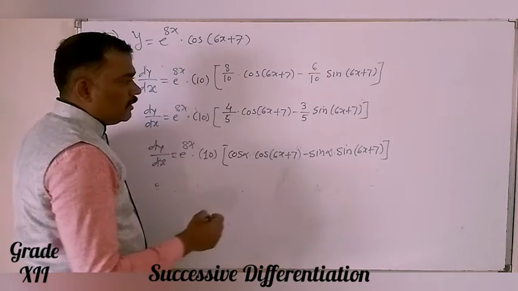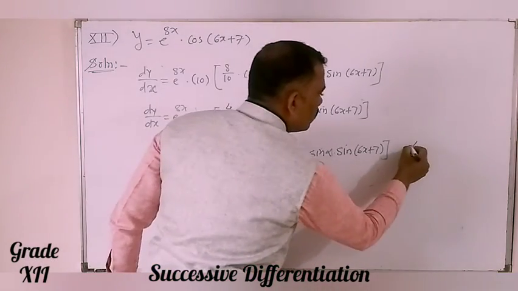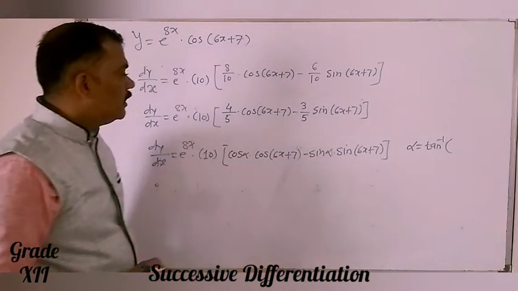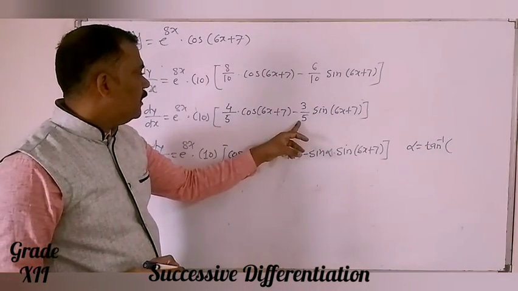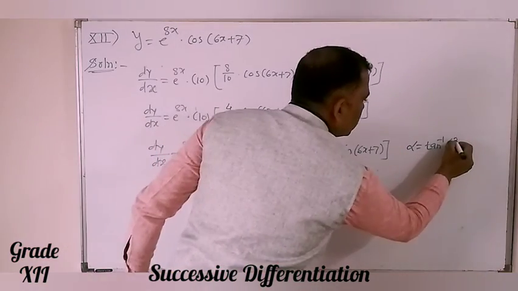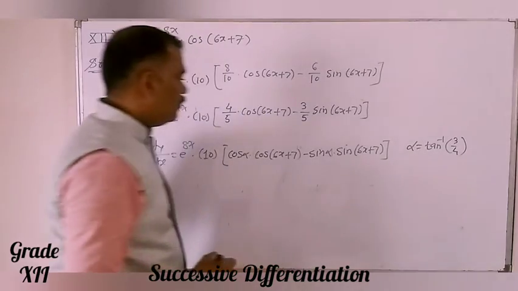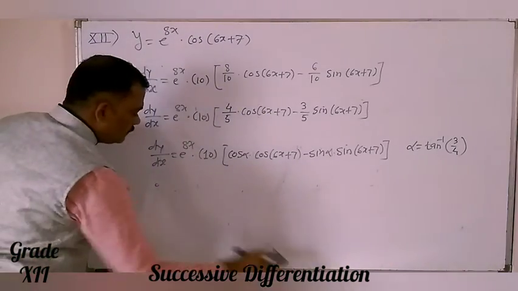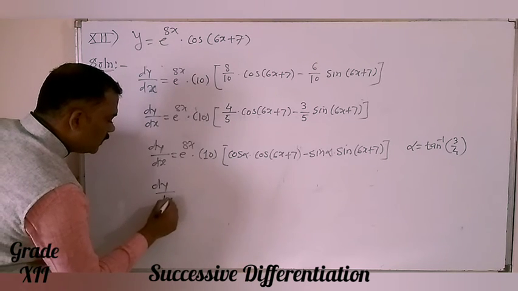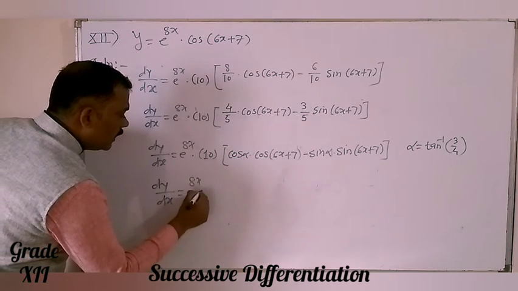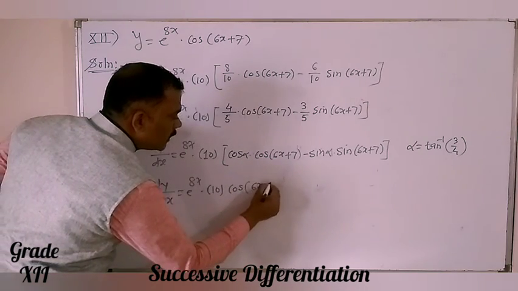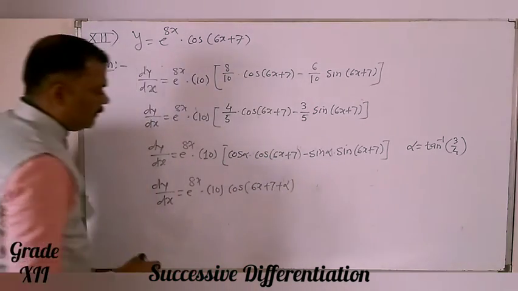So what we have to get is alpha equal to tan inverse of, this one is the sine, so 3 by 5 divided by 4 by 5, that is 3 by 4, that is tan inverse of 3 by 4. So we get dy by dx is equal to e raised to 8x into 10 into cos of 6x plus 7 plus alpha.